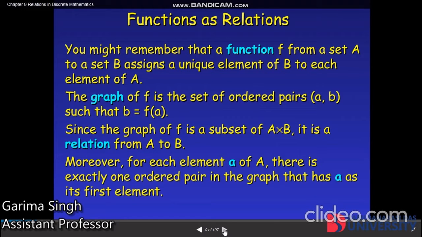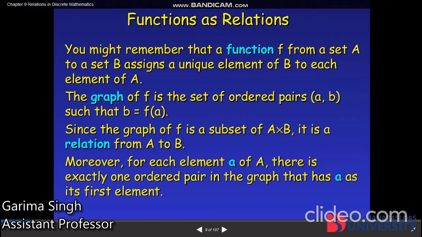Functions as relations. You might remember that a function f from a set A to a set B assigns a unique element of B to each element of A. The graph of f is the set of ordered pairs (a, b) such that b is equal to f(a).